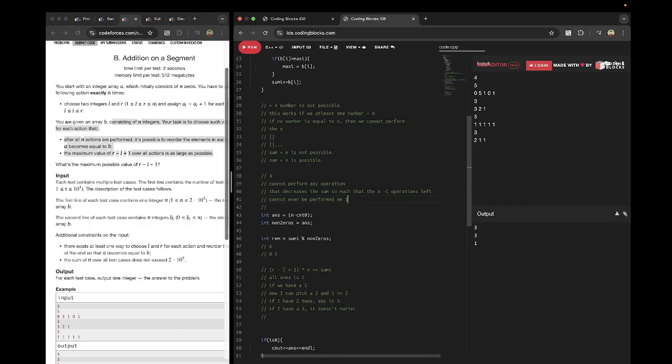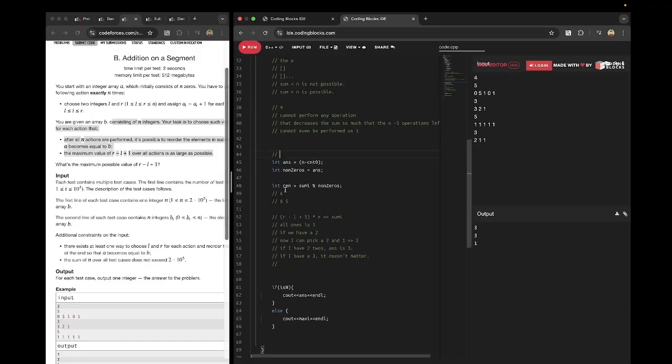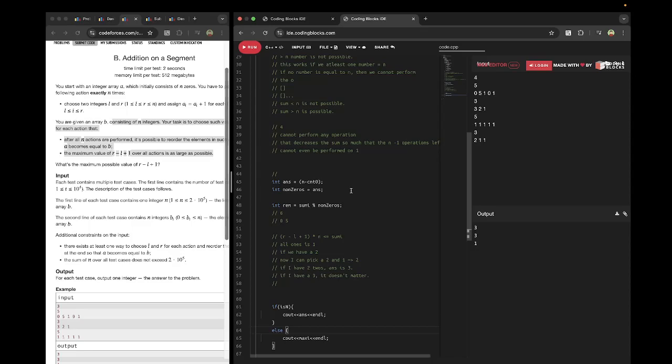So my answer would be: take as many as you can, as long as the remaining sum is not less than n minus 1.